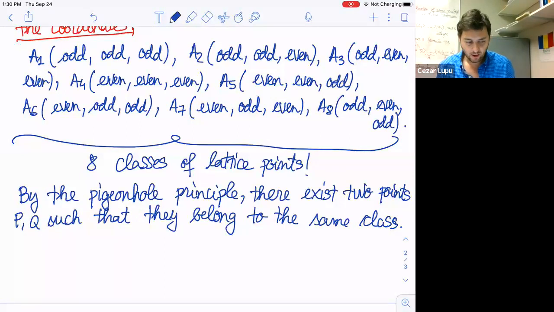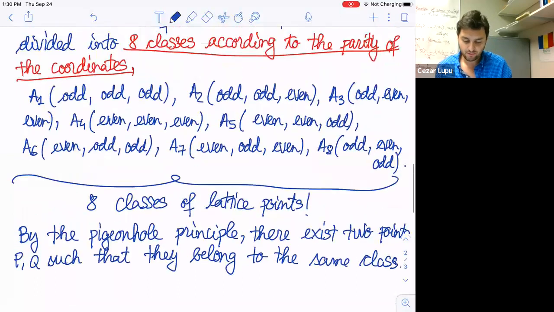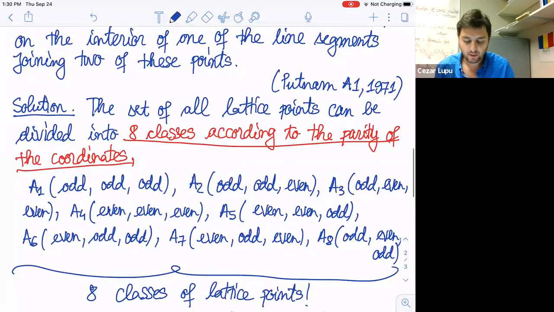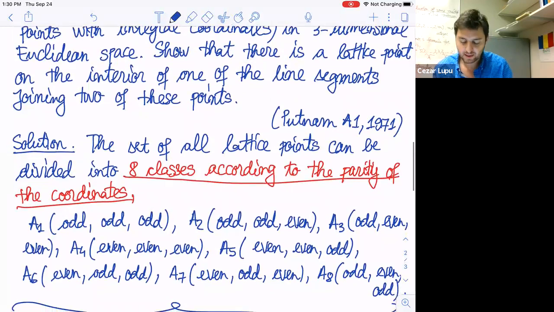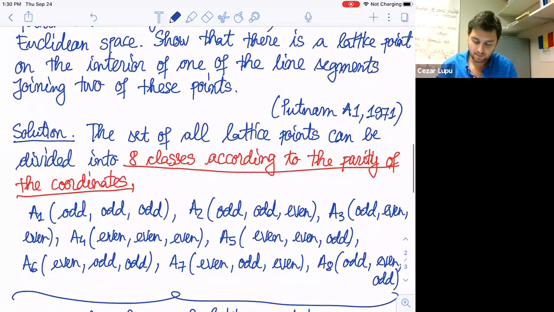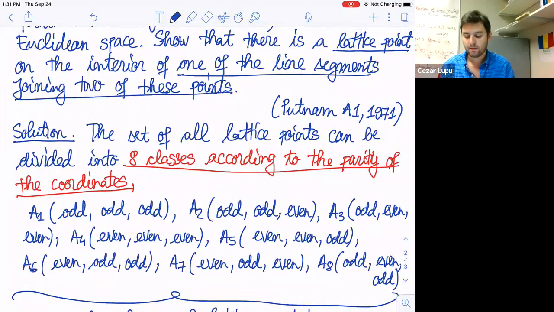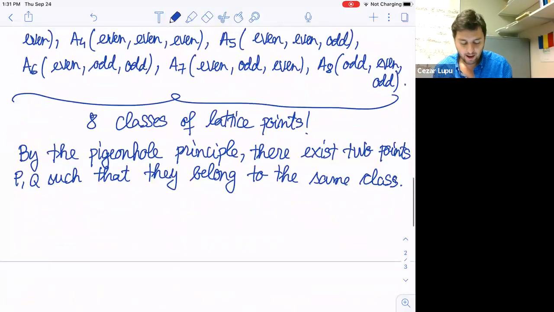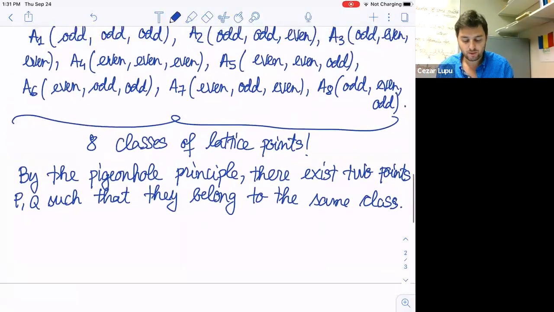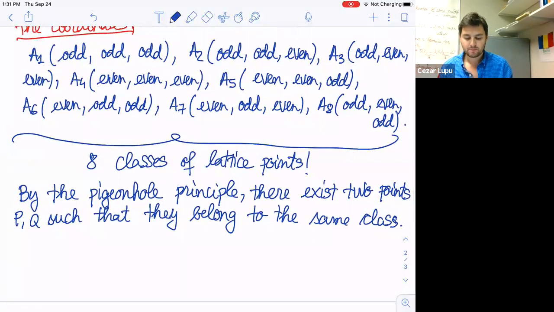So what should I do now? Because look at what my statement wants from me. Keep in mind that the line segment joining these 2 points should contain a lattice point. Keep in mind this. So now I have 2 points P and Q in one of these classes.